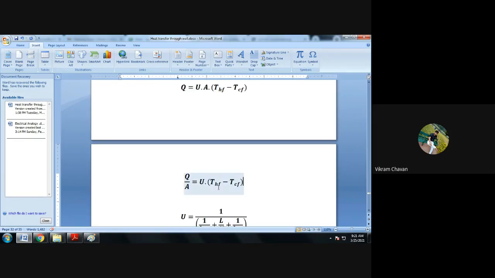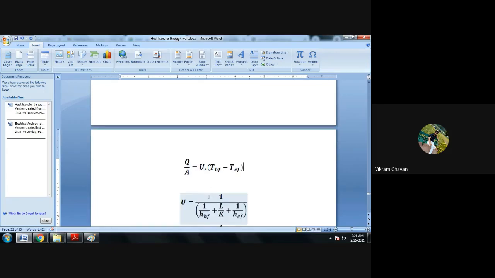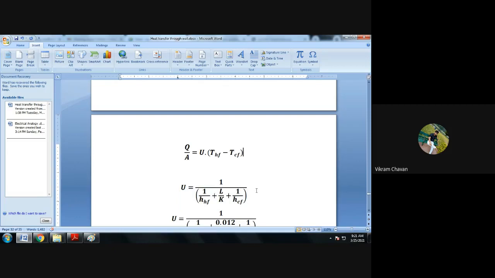Now we have to determine the U value, and for that we require the formula for the overall heat transfer coefficient. U = 1 / (1/h_HF + L/k + 1/h_CF).